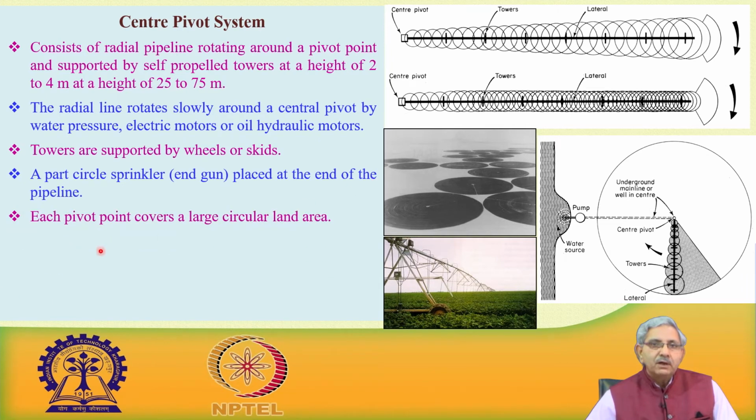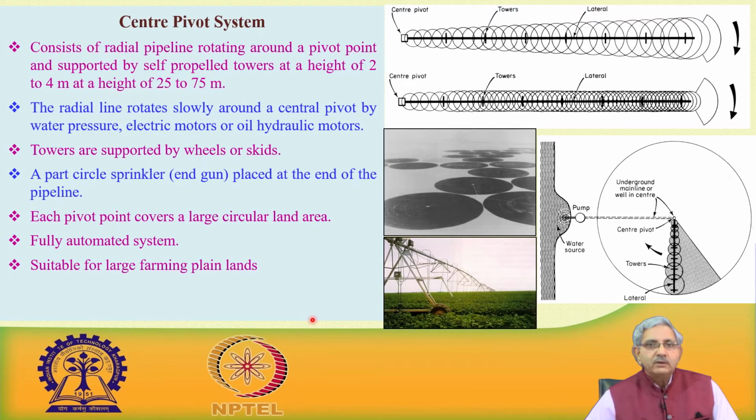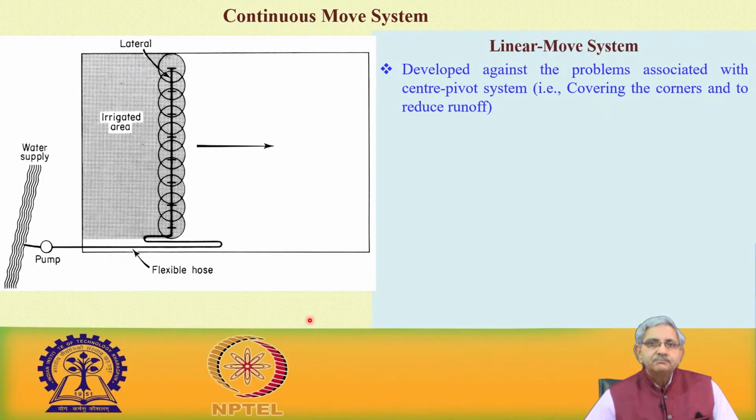So each point covers a large circular land area, in the order of 60 to 100 hectares in one stretch, and such systems are fully automated for large farming plants. In India, we have the central pivot system in National Seed Corporation and State Seed Corporation, where such farms are very large. An individual holding needs such a system only when the area is large.